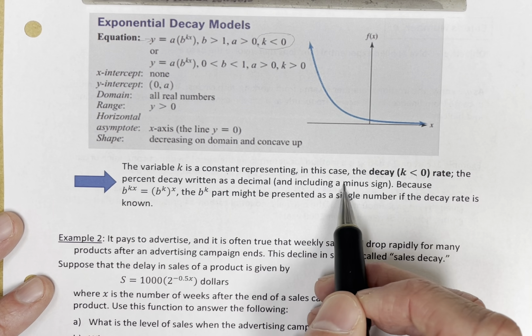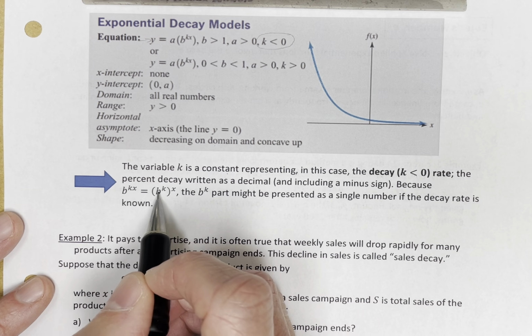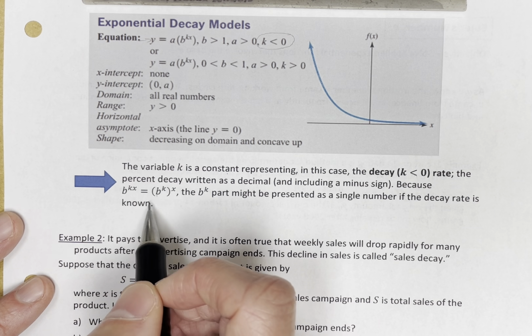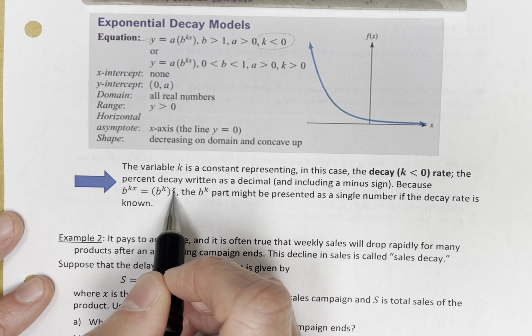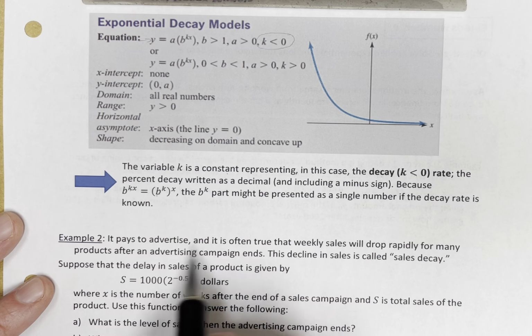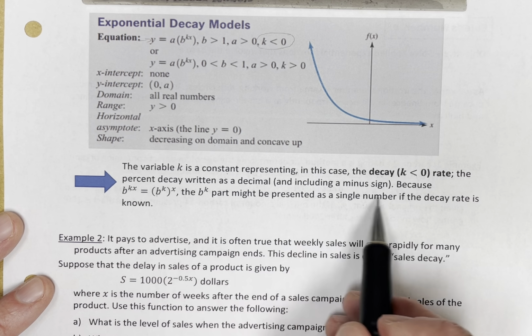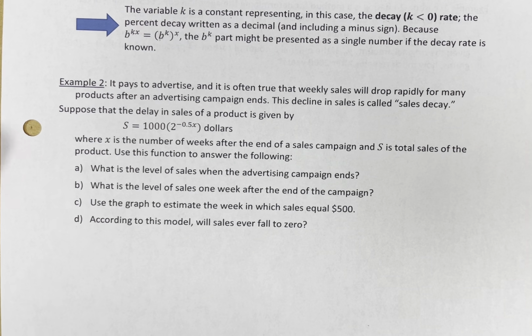If it has a minus sign, it's decay. And let's note again that sometimes the B to the K might be already known, and so you could have this as a single number where just your x is the exponent, or you could have the decay rate up there, which we're going to see in our example. Okay, so we'll take a look at that in one example.